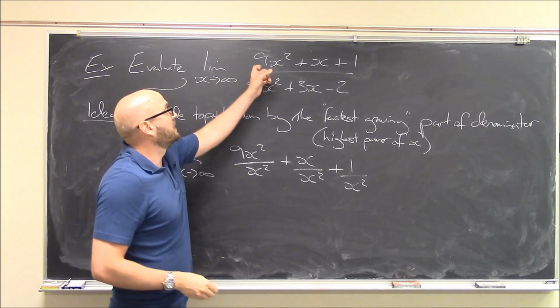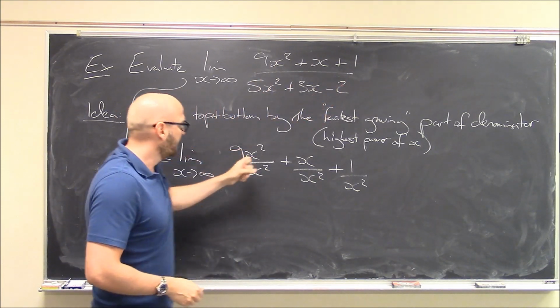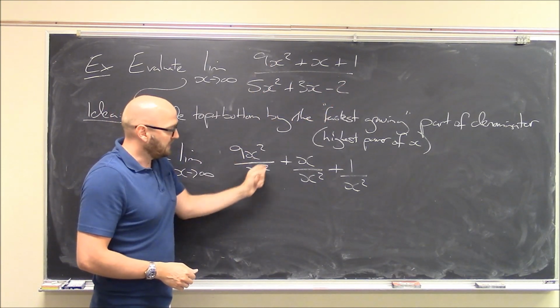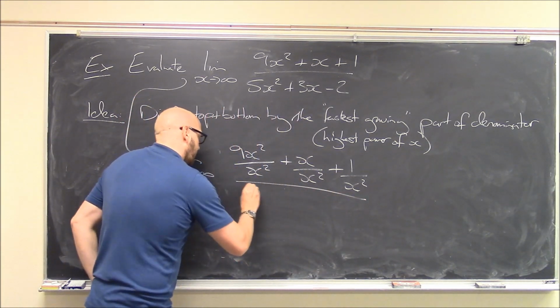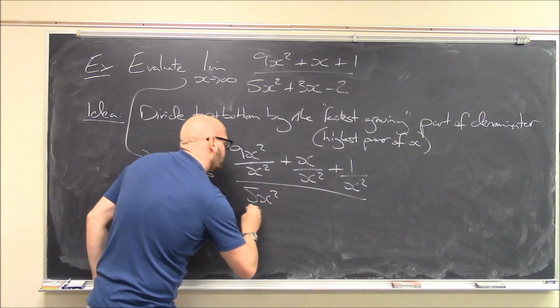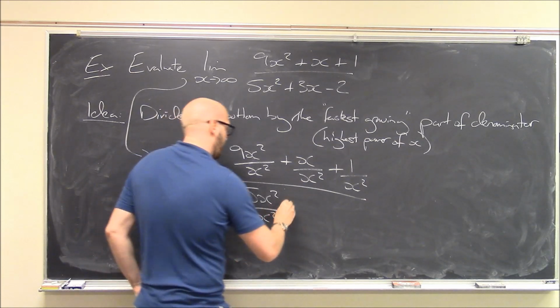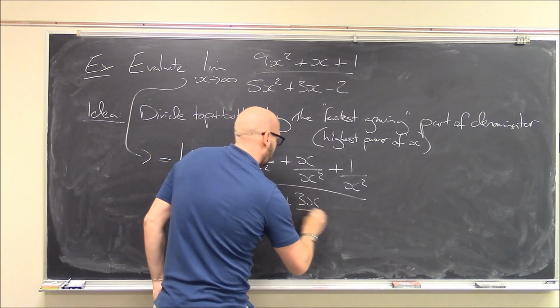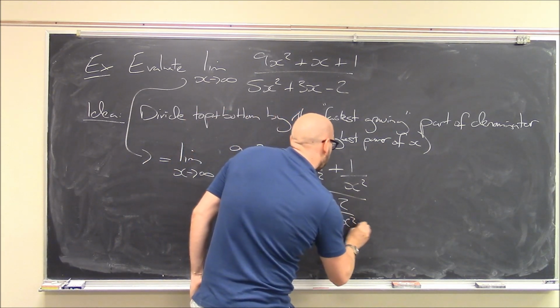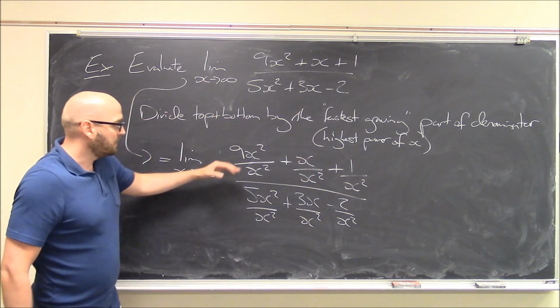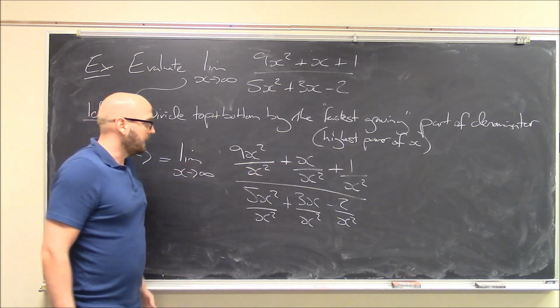One way I can do this is take the entire top and write it over x squared, but I'm going to take each individual piece and divide them by x squared. It looks a little bit nicer to write it like that. So that's an allowable move, right? As long as I keep it balanced, as long as I do the same thing to the top and the bottom, that's totally fine.